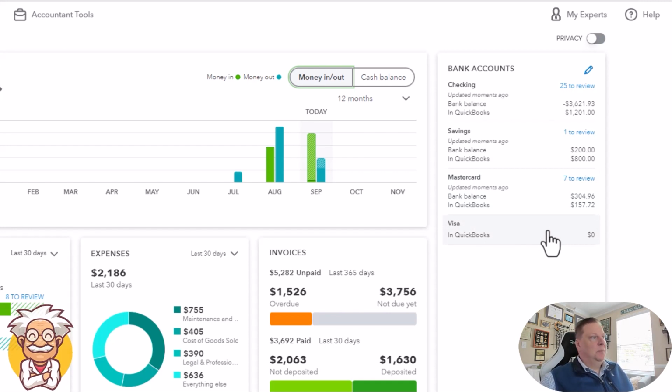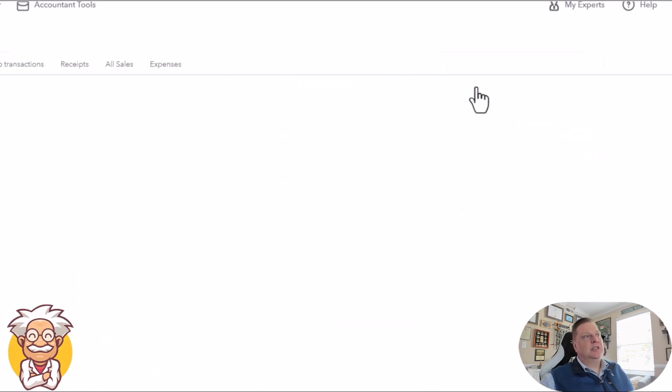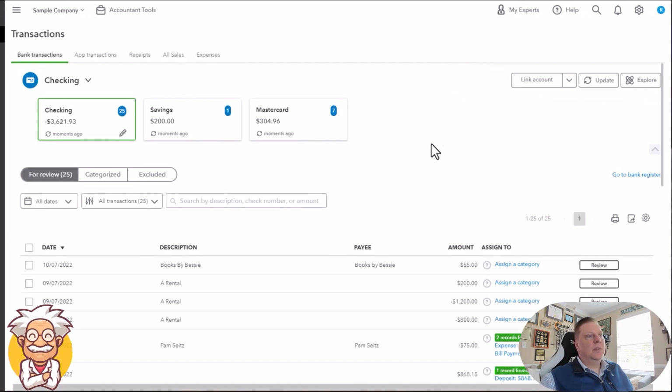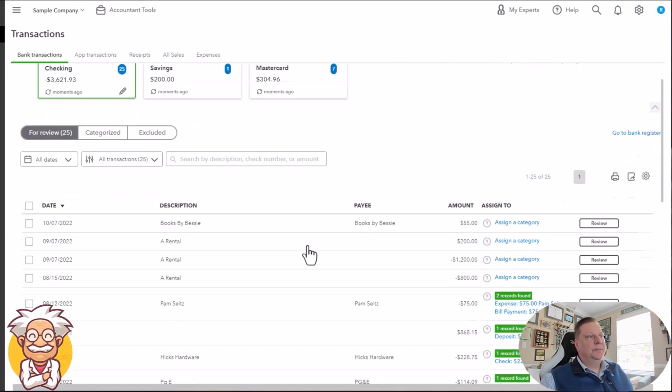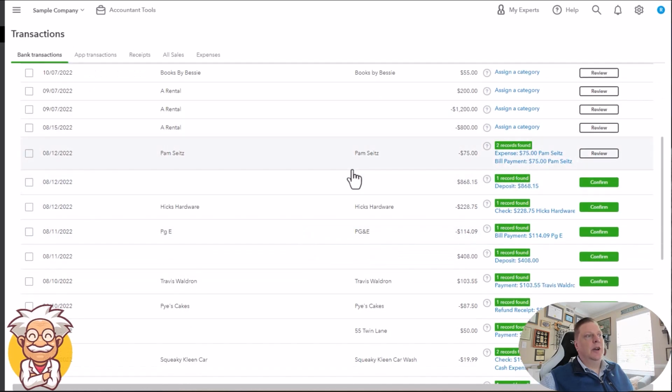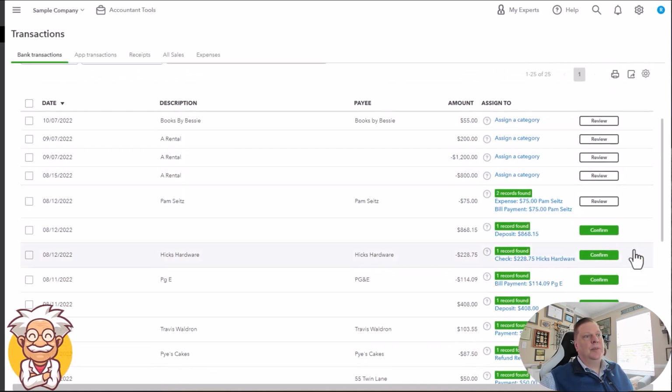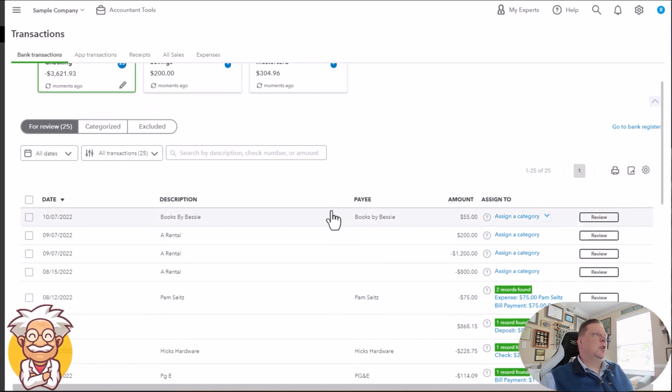So when they say 25 to review, that means there are transactions in the bank feed or the credit card feed that you need to review and then confirm so that it will then move to your ledgers. You can quickly get to that by just clicking on, say, the checking, moves you straight into the bank feed, and you can review those and confirm them once you've reviewed those.